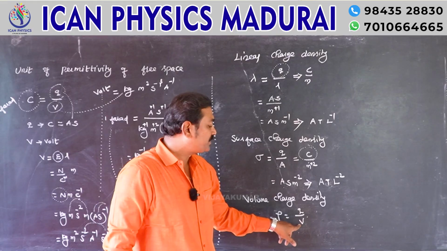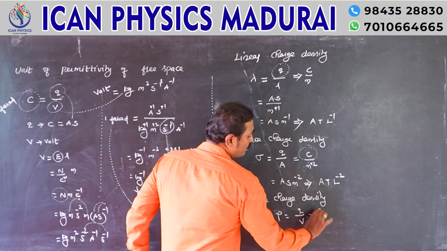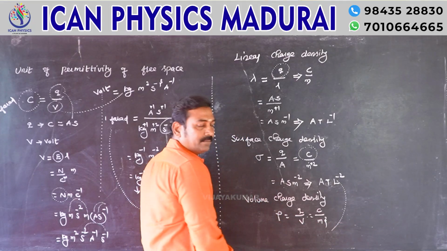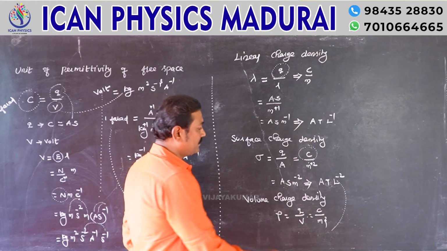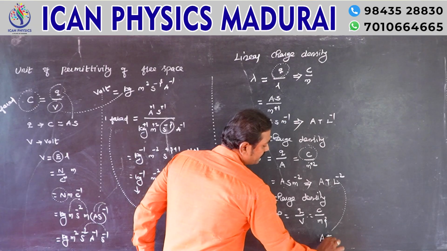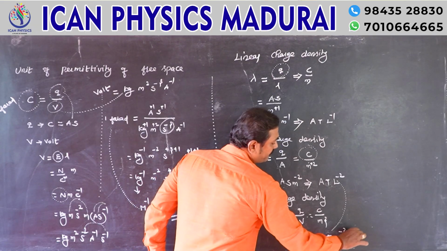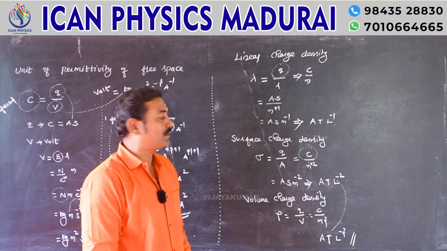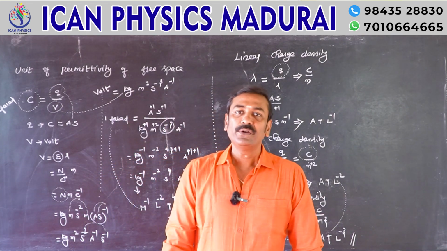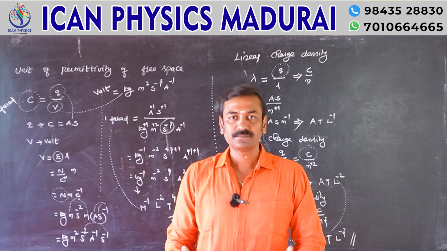Here, charge by volume, that is coulomb per meter cube. So, I go directly to the result. So, this, ampere T L power minus 3, is the dimensional formula for volume charge density. Okay. Do you get it now? Do you have any doubts? No doubts.